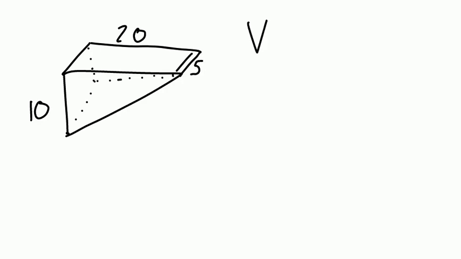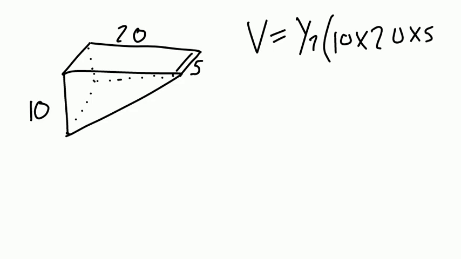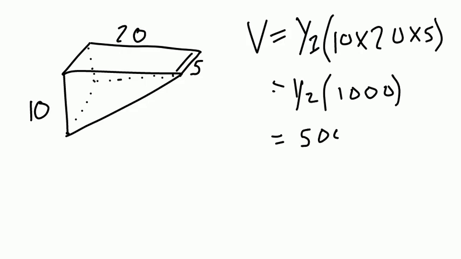So if we want to calculate the volume, take 1/2 times 10 times 20, and times 5. So if we take 1/2 and we're going to multiply it by 1000, and of course this equals 500 units cubed.